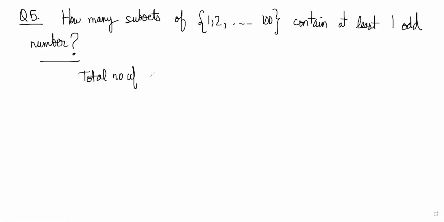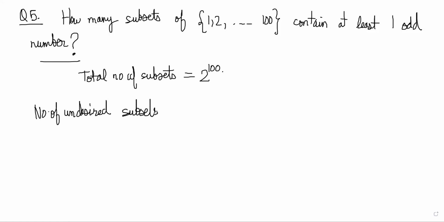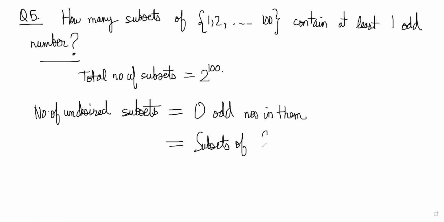Total number of subsets is 2 power 100, and we can also say that the number of undesired subsets, which have zero odd numbers in them, is equal to subsets of the set of even numbers 2, 4, 6, 8 till 100, right?